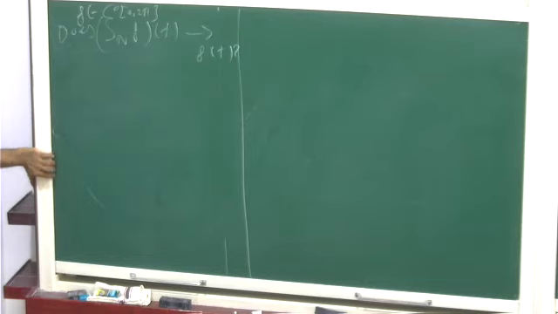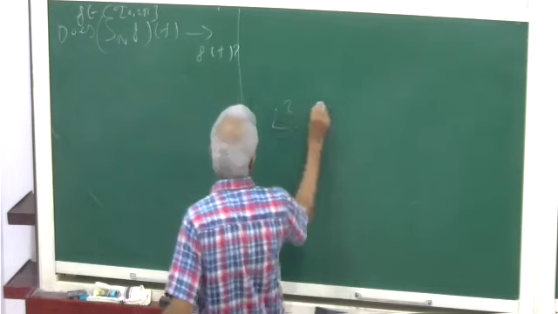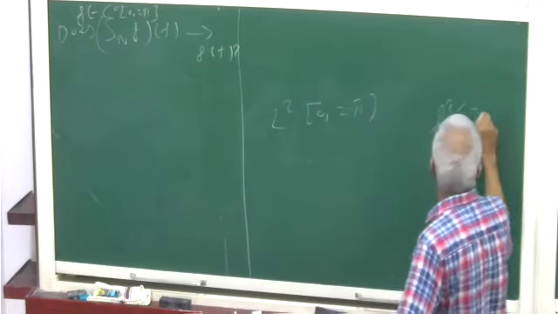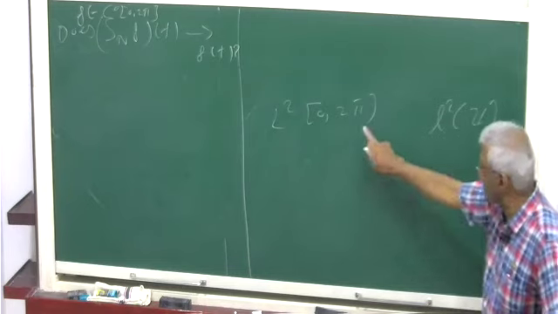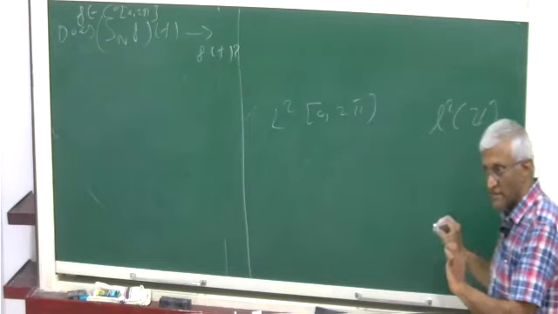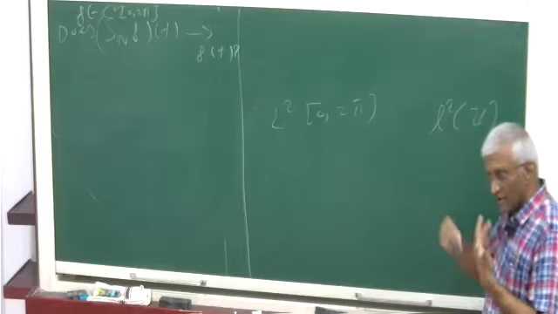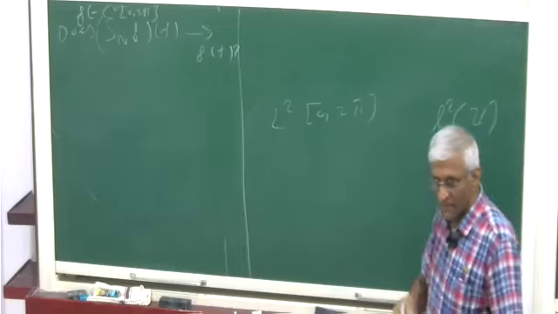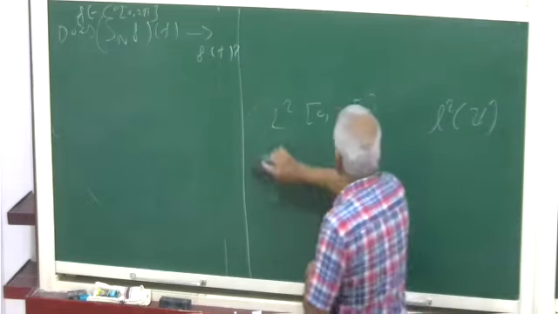You have a function in capital L2, and you get a function on the integers, small l2. From this function to this function is what is called the Fourier transform. In general, you can take it from R to R. You can do it in higher theory. Here, this is what it is.